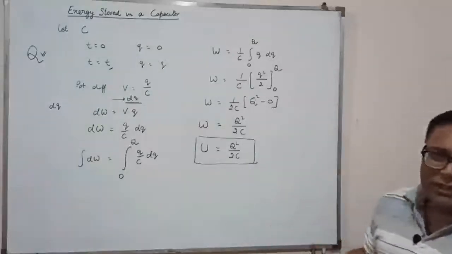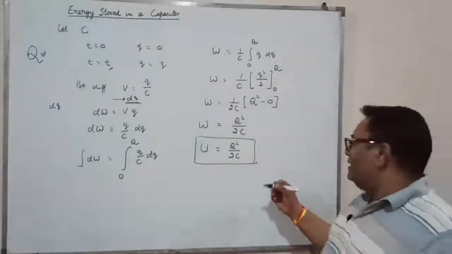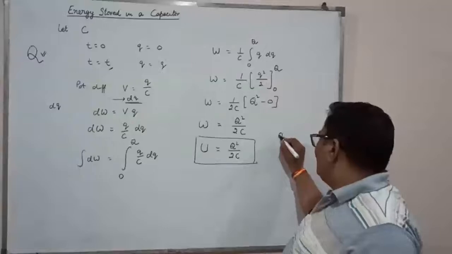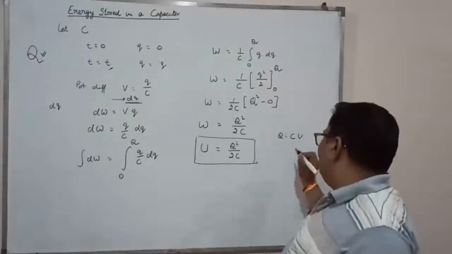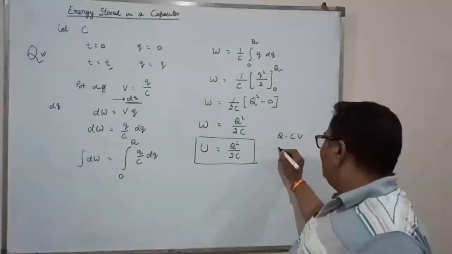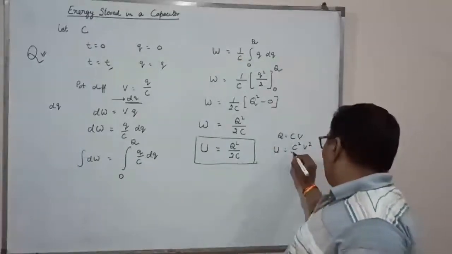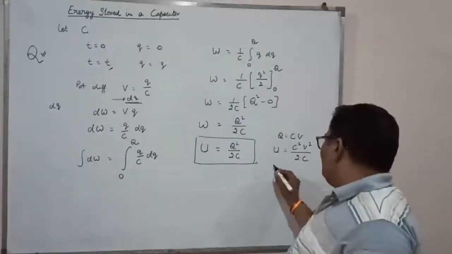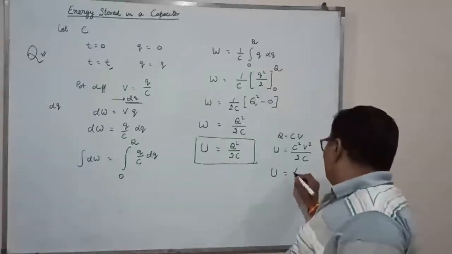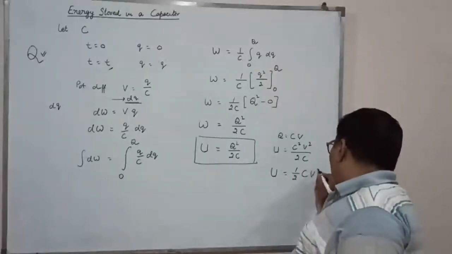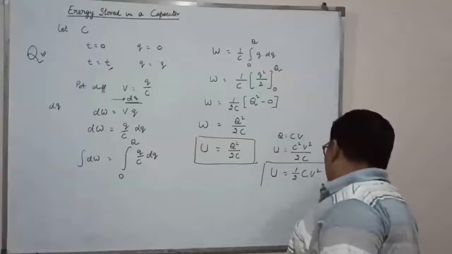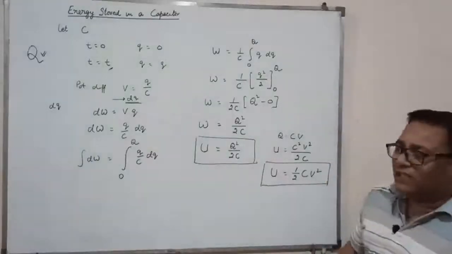Clear? This expression can be written as, we know that Q is equal to CV, then U is equal to C square V square upon 2C, or U is equal to half CV square. This is the energy stored in the capacitor.